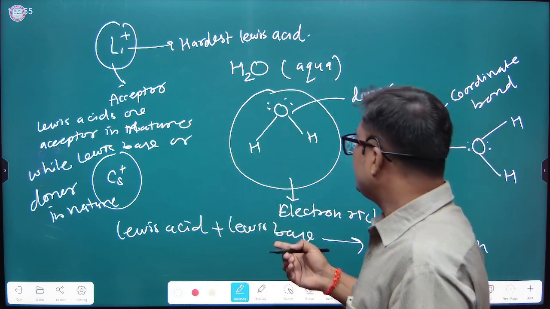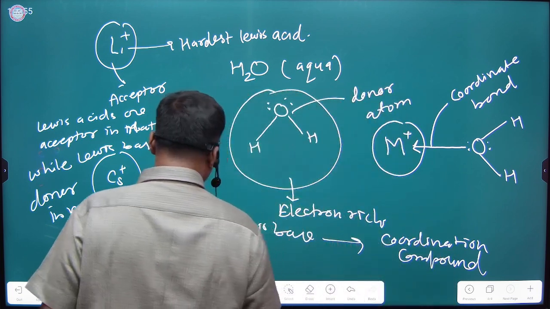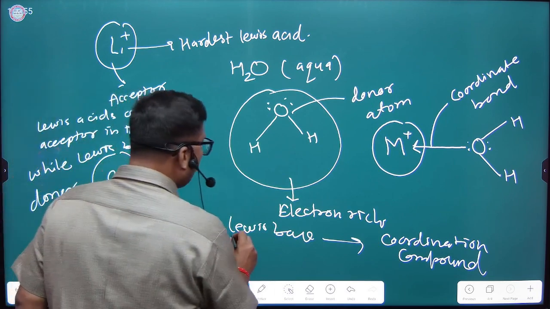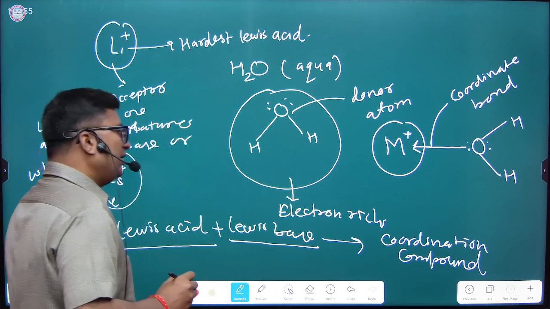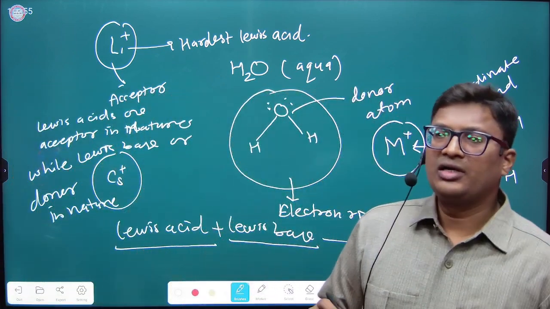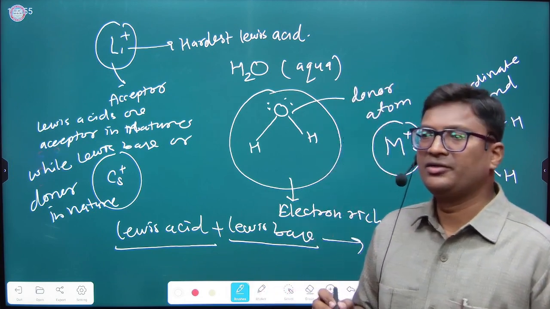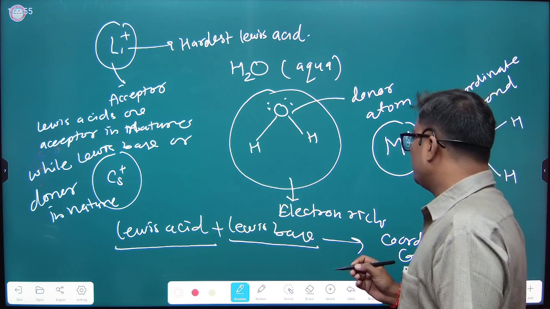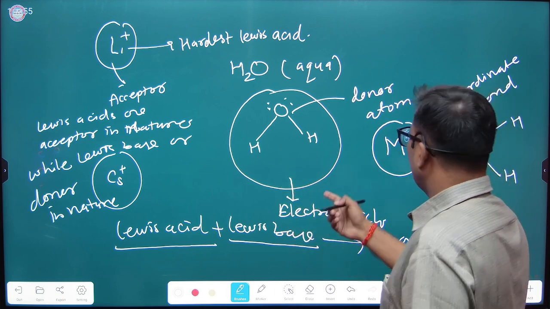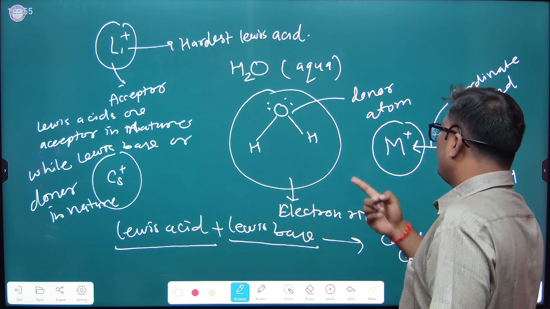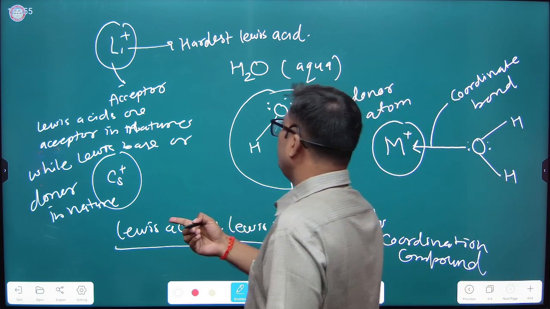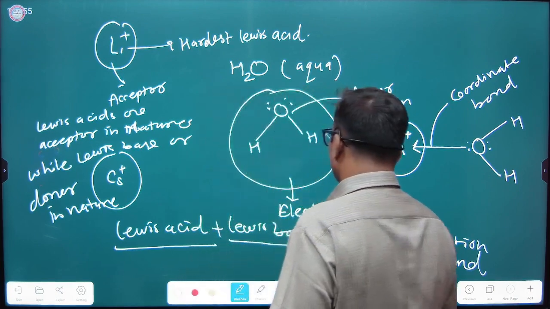Here the Lewis acids are alkali metals, and the Lewis base in the initial system is H2O, because all alkali metal ions remain hydrated in the aqueous system. So the aqueous system provides the ligand, and Li+ is the Lewis acid.